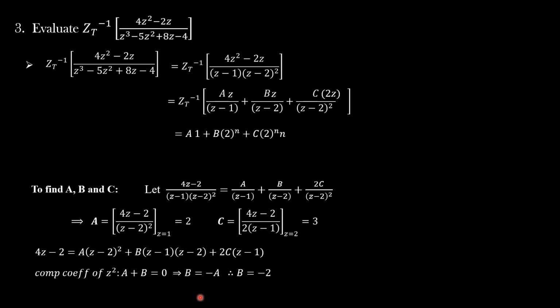By comparing the coefficient of z², we will get b = -2. Now by substituting a, b and c, inverse z transform of (4z² - 2z)/(z³ - 5z² + 8z - 4) becomes 2 - 2·2^n + 3·2^n·n.